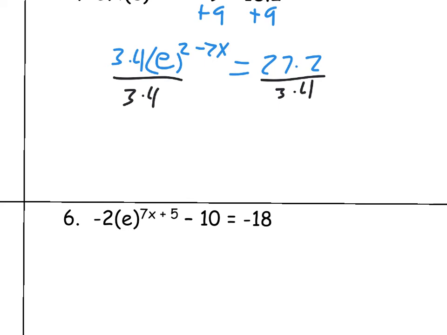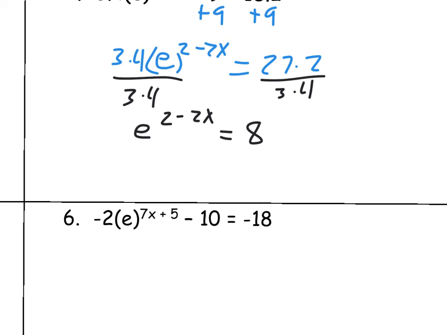What do we got? 27.2 divided by 3.4. There we go. It's 8. So we got e to the 2 minus 2x equals 8.